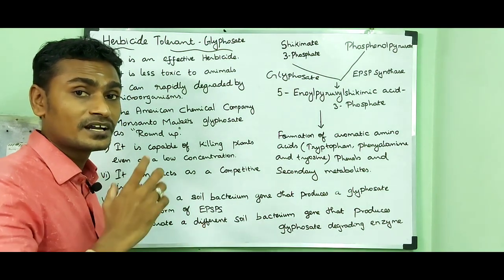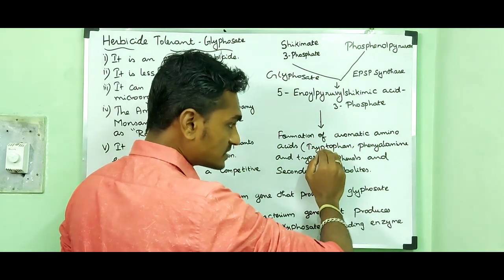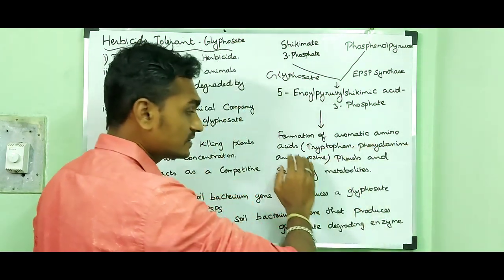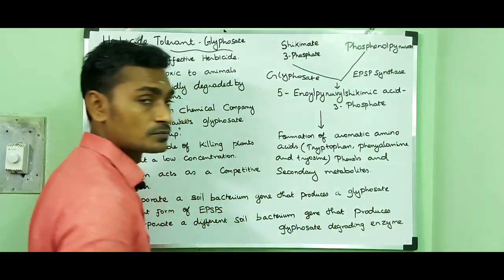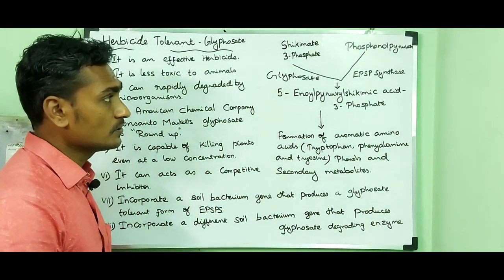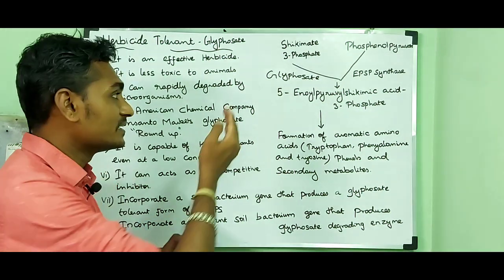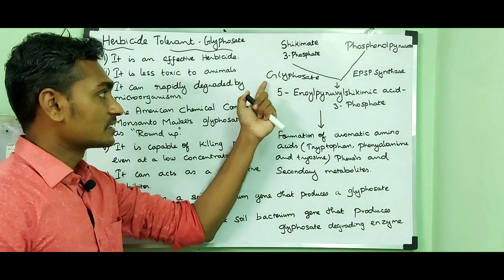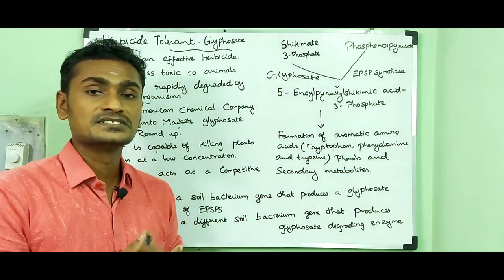So plants are not able to produce aromatic amino acids like tryptophan, phenylalanine and tyrosine, and phenolic compounds and secondary metabolites. So plants are not able to produce protein due to the inhibition by the glyphosate herbicide. It inhibits protein synthesis.